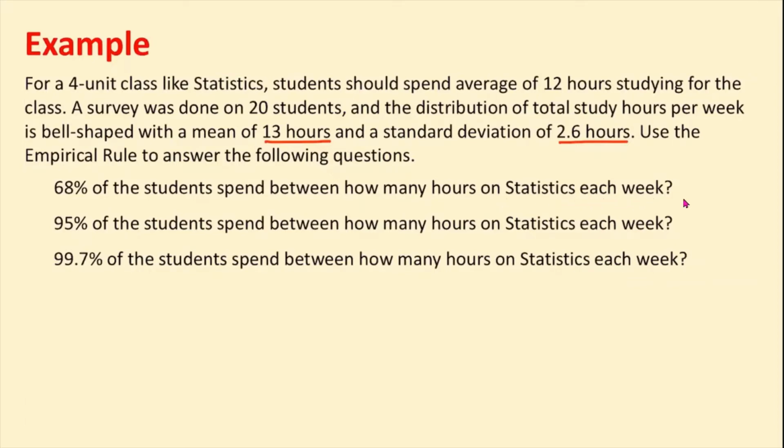Let me label this as part A, B, C first. In part A, we want to find the number of hours spent by 68% of the students. And we know that 68% of the data is within one standard deviation of the mean. So it will be mean plus or minus one standard deviation.